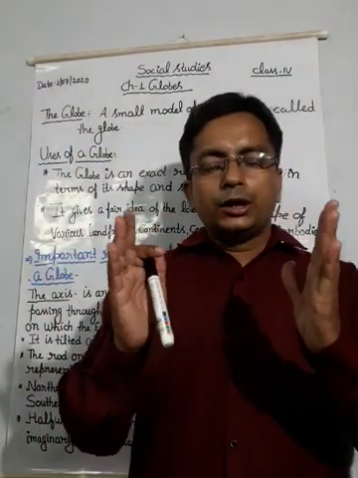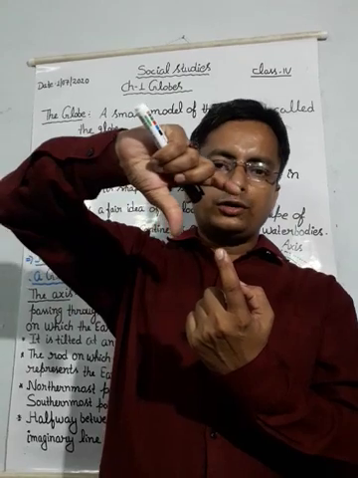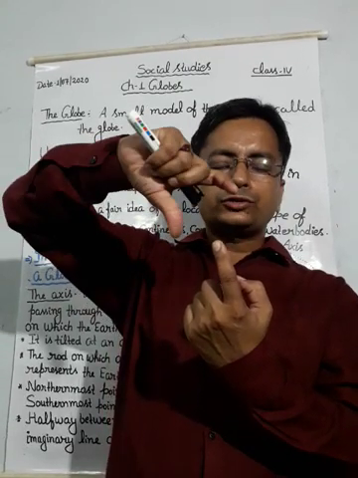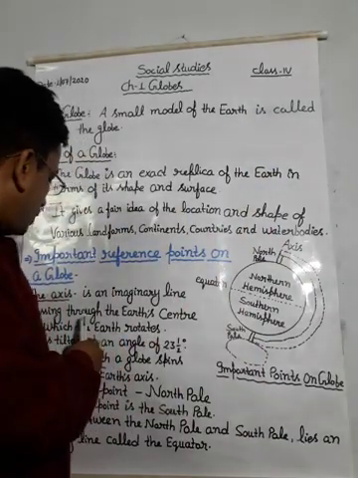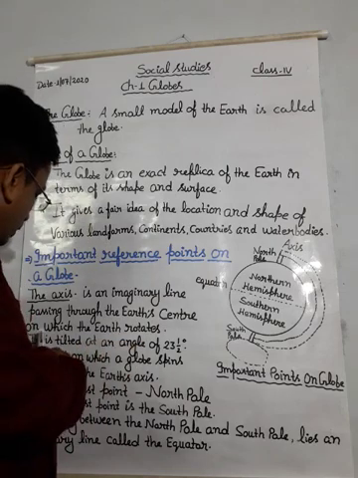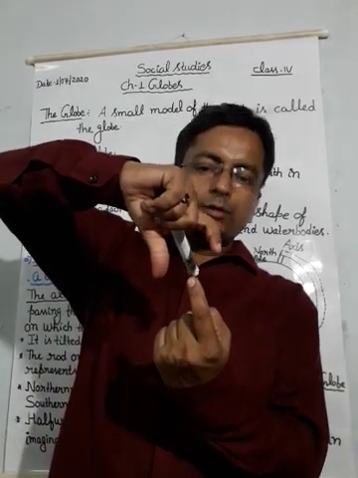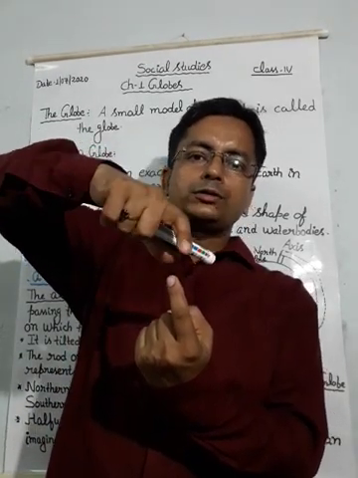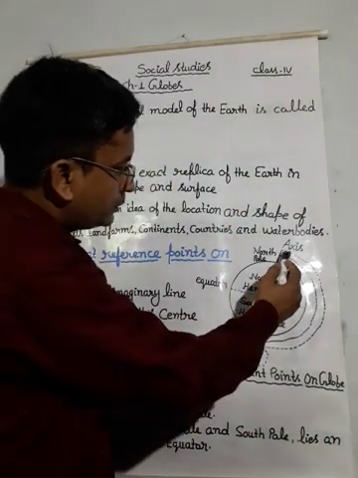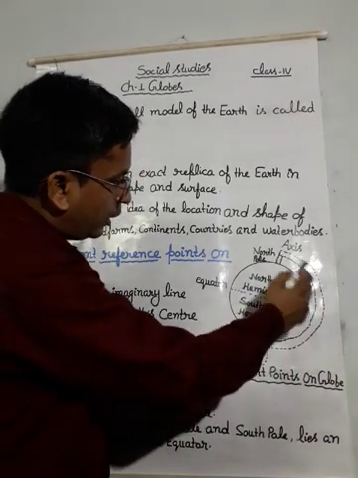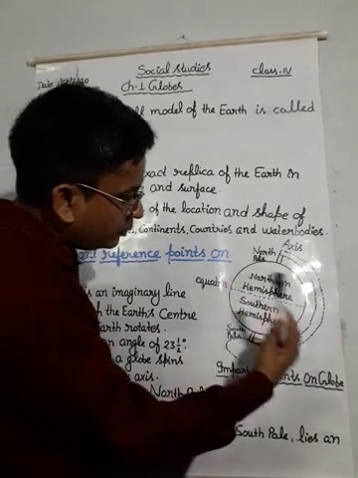Yes student, the globe rotates on that rod, and that is called its axis. So you can see here is the axis, and on this the globe, you can say the earth, rotates.